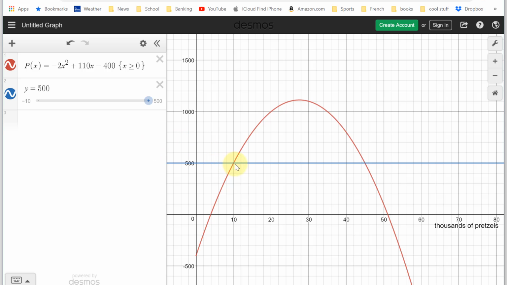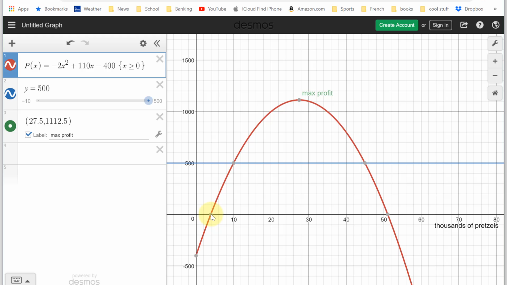And then I could look at these points. This point was the vertex. We could label that point 27.5, 112.5. That's the max profit.